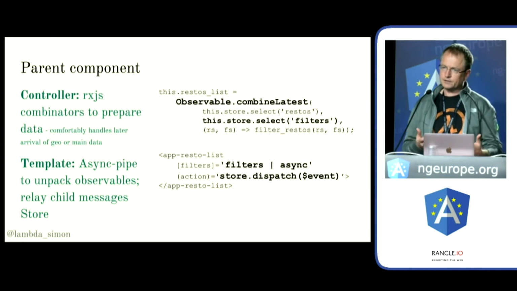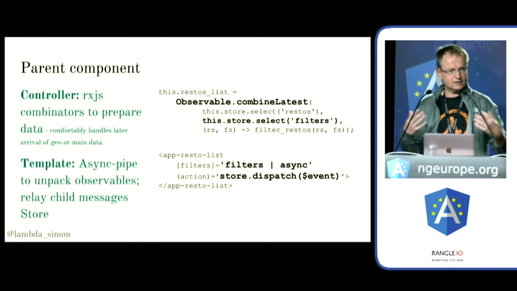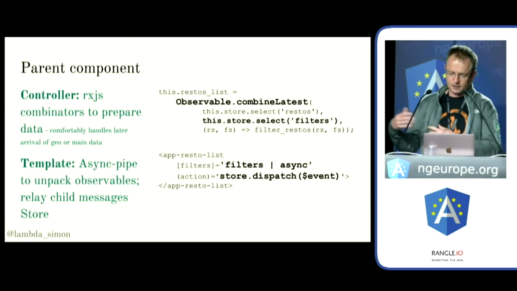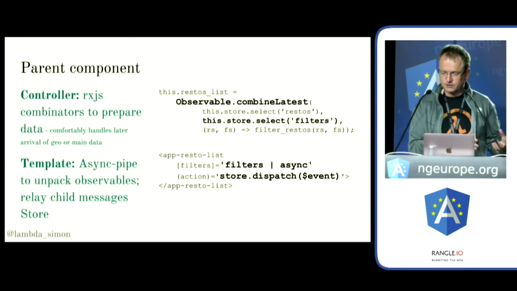Right. After the store with its reducers, we move to the parent component. Now this is being passed the ng2+ngrx store, which is an observable. So we're going to be working in observable land here. So inside our controller, for example, we're going to use things like combineLatest, which is combining the restaurant data and the filter data.